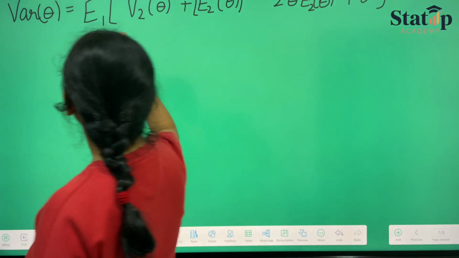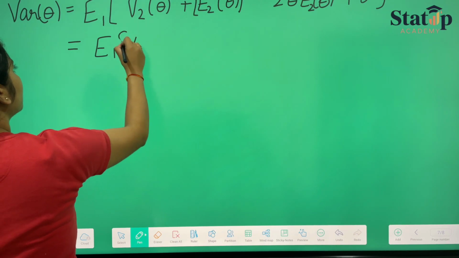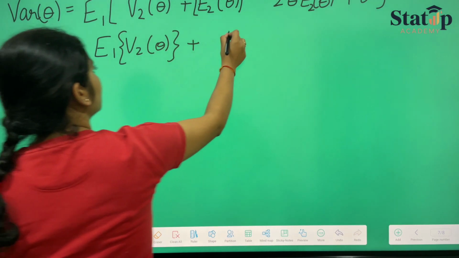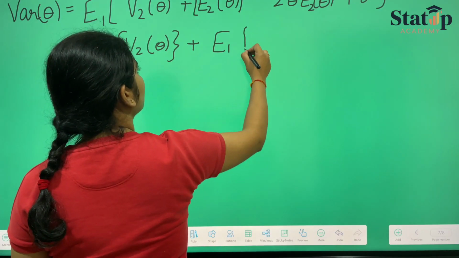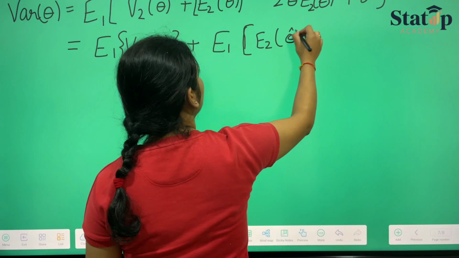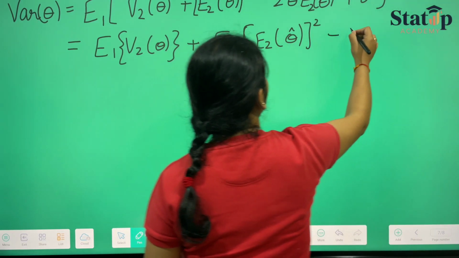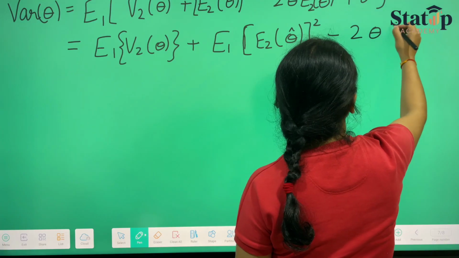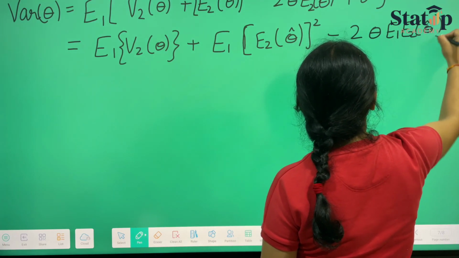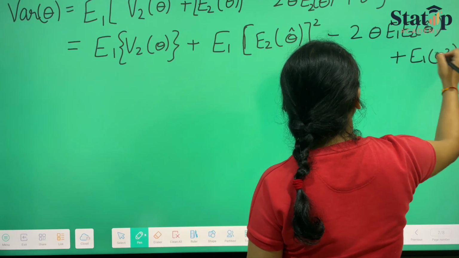Now taking E1 inside, we'll get E1 V2 of theta cap plus E1 of E2 theta cap whole square minus 2 theta E1 E2 theta cap plus E1 theta square.